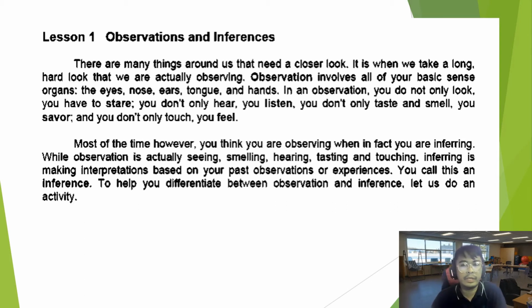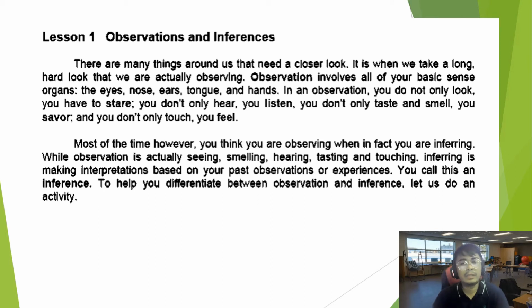In an observation, you do not only look, you have to stare. You don't only hear, you try to listen. You don't only taste and smell, you savor. And you don't only touch, you try to feel it. Meaning to say, it's a matter of having this keen observation.